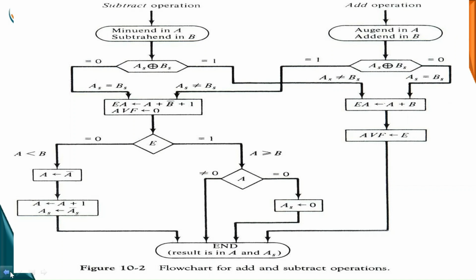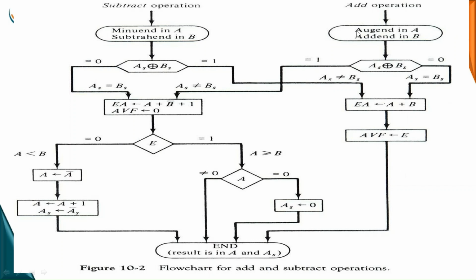In the sign magnitude addition and subtraction operation flowchart, we have subtraction on one end and addition on the other end. Here we'll start with the addition operation. As we know, we have four possible combinations of addition: two positive values, two negative values, the first operand negative and the second positive, and the first operand positive and the second negative.